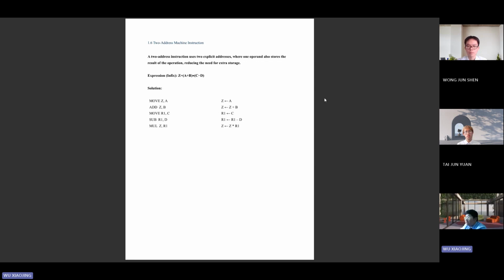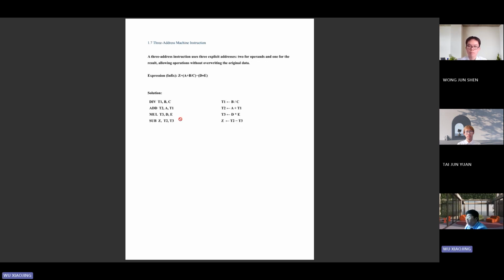For the expression Z equals A plus B times C minus D, we use instructions like move Z A to move the data and add Z B to add B to Z. This reduces the need for extra temporary storage compared to the one address machine.